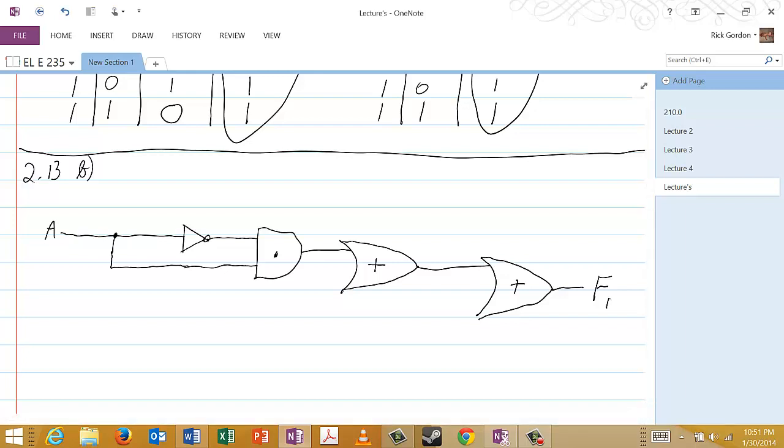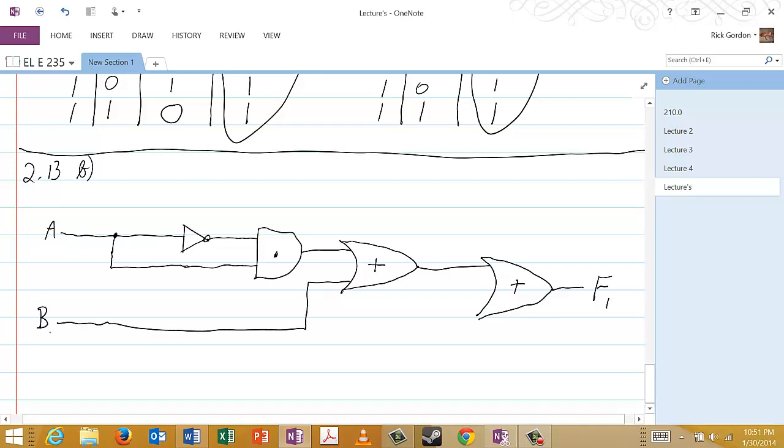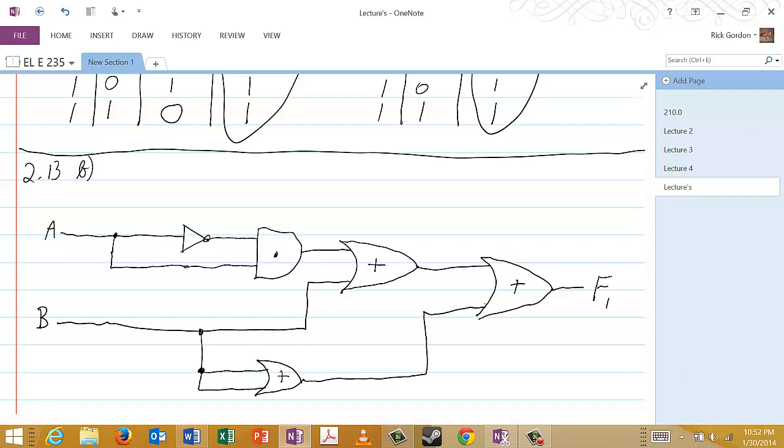And we have another input B, with which we do the following. Okay, so that's our circuit.